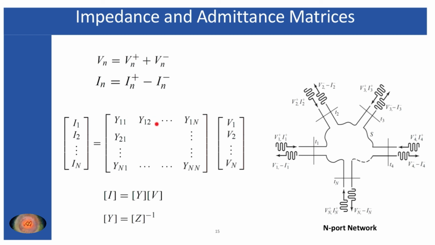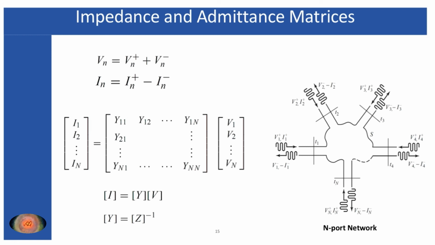The significance of this 1-2 element is that when the excitation is at port 2 and you are observing from port 1, then this element becomes significant.